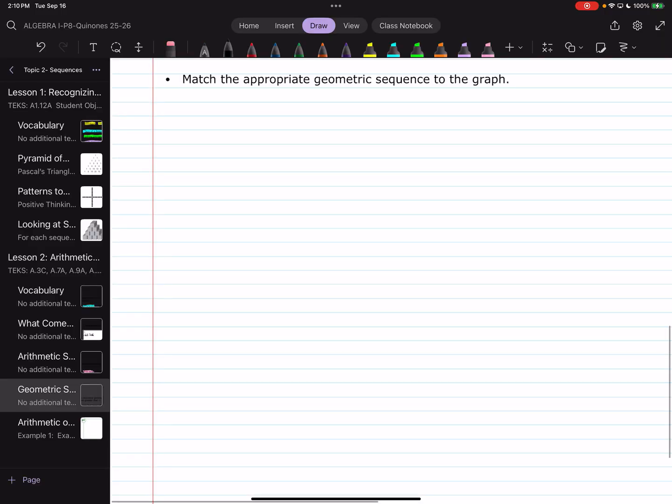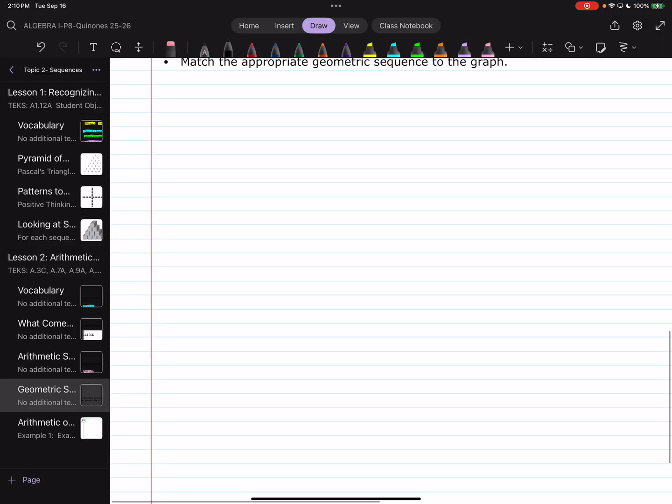Okay, so I'm looking at graph 2. Someone share with me, which sequence does graph 2 belong paired with? Anybody? Graph 2 looks like we're decreasing very quickly in value.